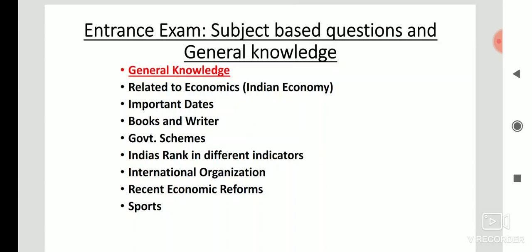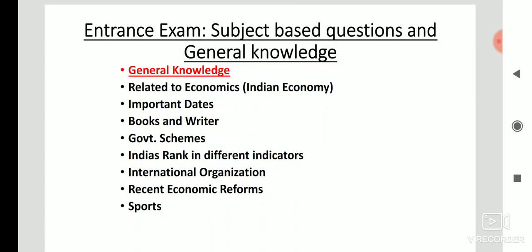Questions may come from different international organizations, which include the WTO, World Health Organization, World Trade Organization, UNDP, UNO, IMF, IBRD, etc. And recent economic reforms, which include questions related to GST, demonetization and other economic reforms.